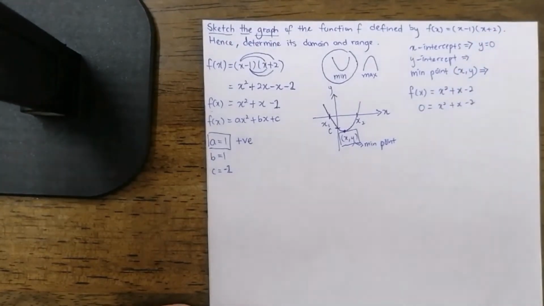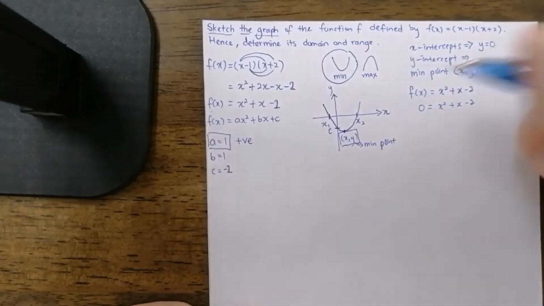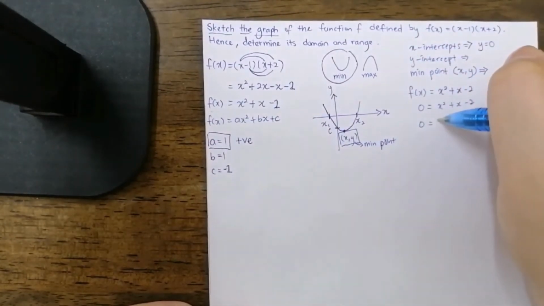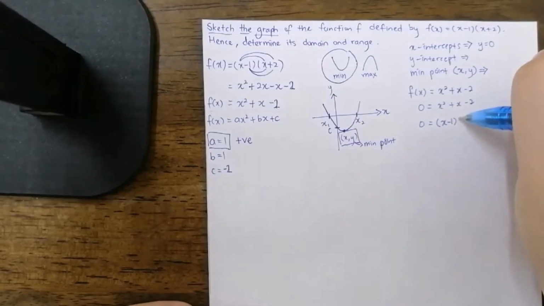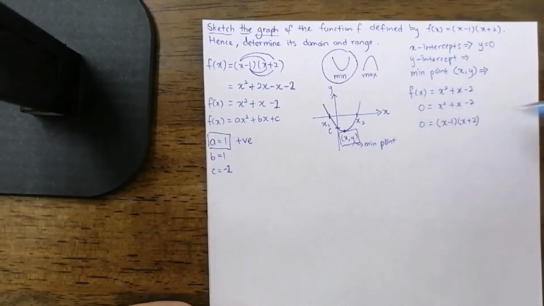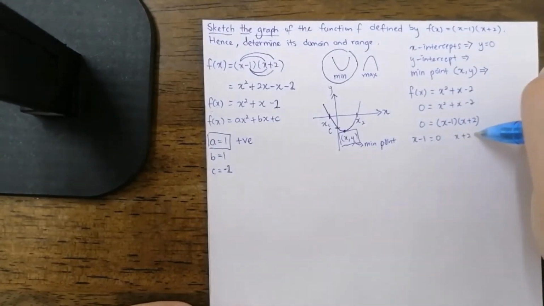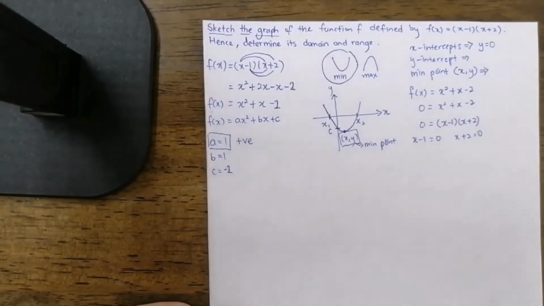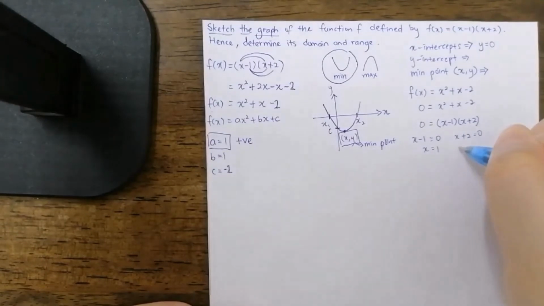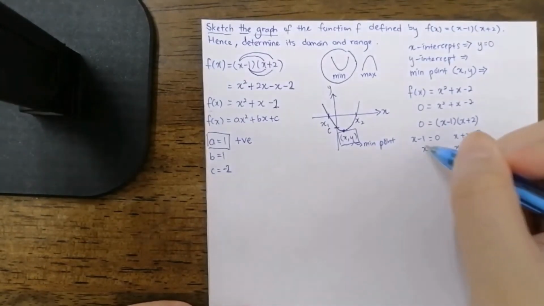And let f(x) equal 0. And then use your calculator and you will get (x - 1)(x + 2). This is actually given by the question. So x minus 1 equals 0, x plus 2 equals 0. So x-intercept equals 1 and negative 2.